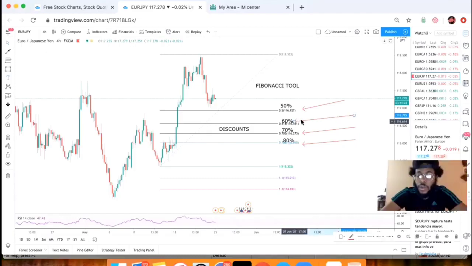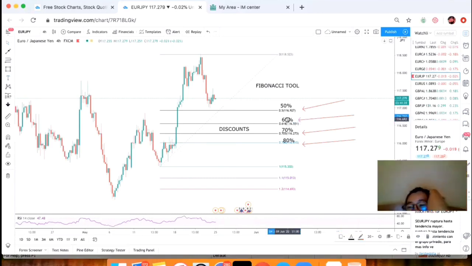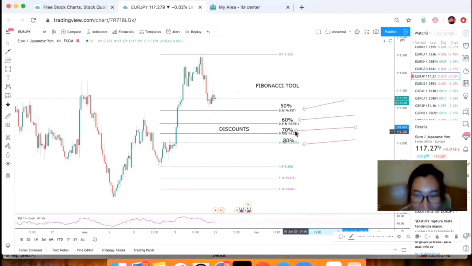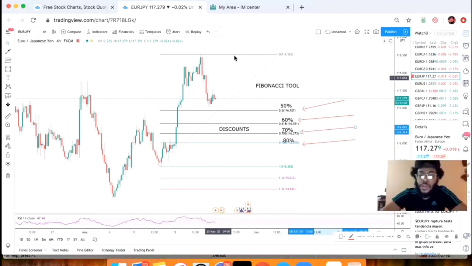Which one are you most likely going to buy? 60% off. And if you go to another store and you find that same pair of shoes for 70% off, definitely 70%. Exactly. So that's what the Fibonacci tool lets us see.